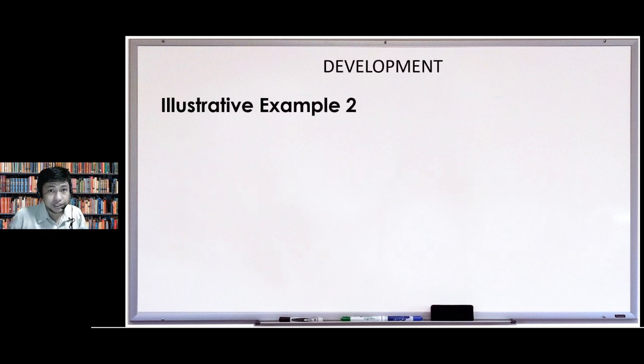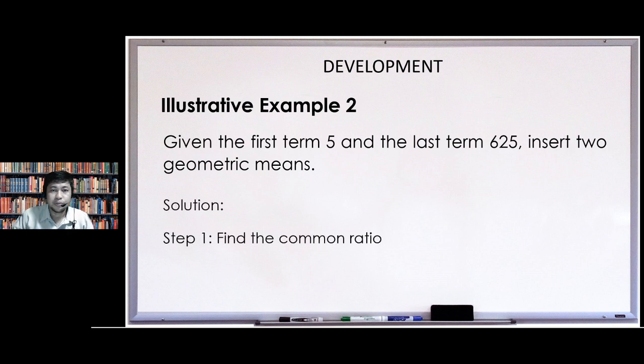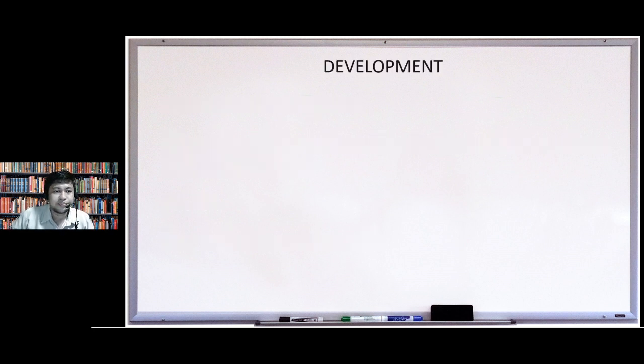Now let us proceed to illustrative example number 2. Given the first term 5 and the last term 625, insert 2 geometric means. For the solution, the first step is to find the common ratio.